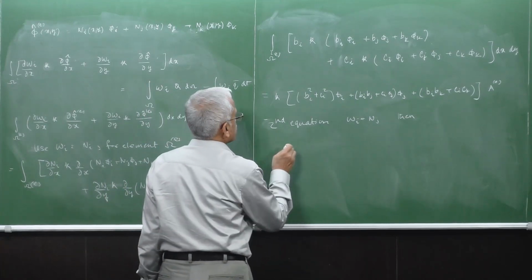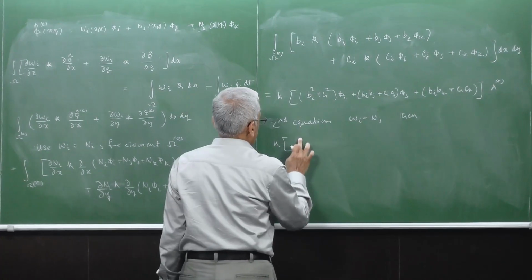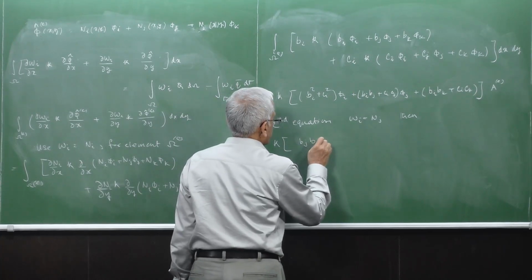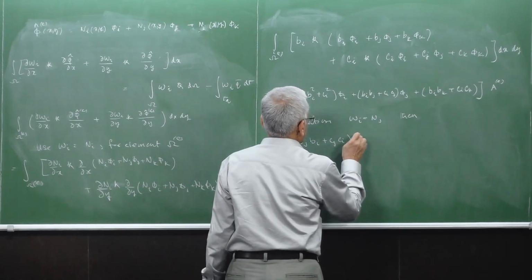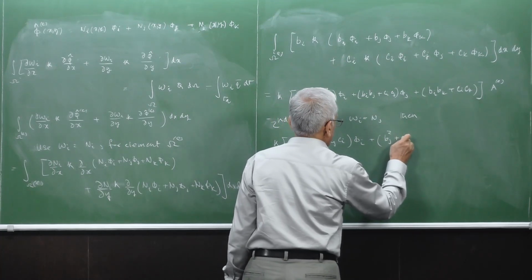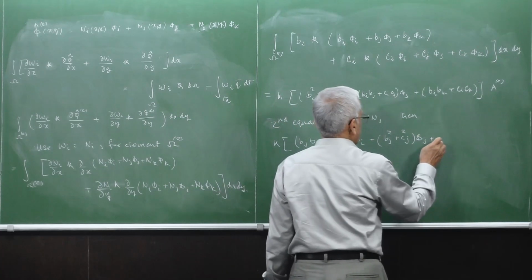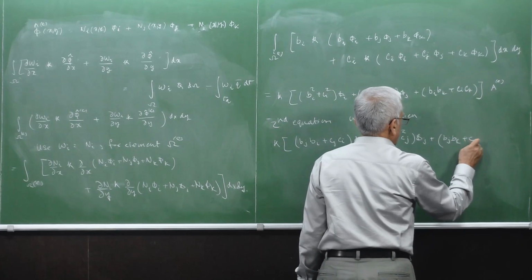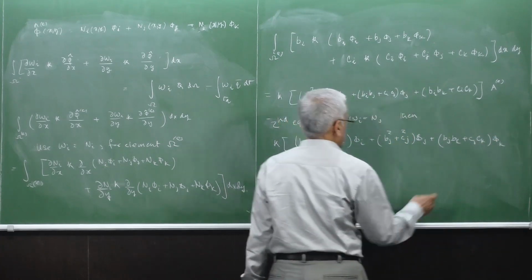Then the second equation will be k times area, bj bi plus cj ci times phi i, bj square plus cj square times phi j, and bj bk plus cj ck times phi k.